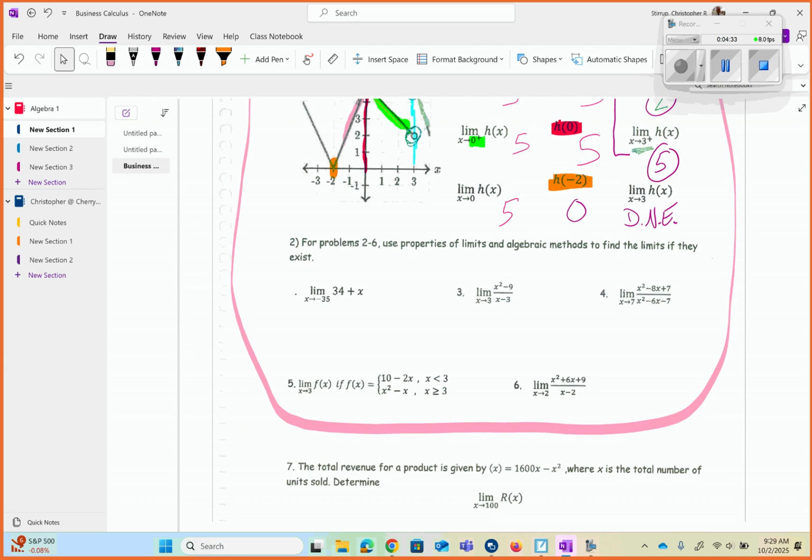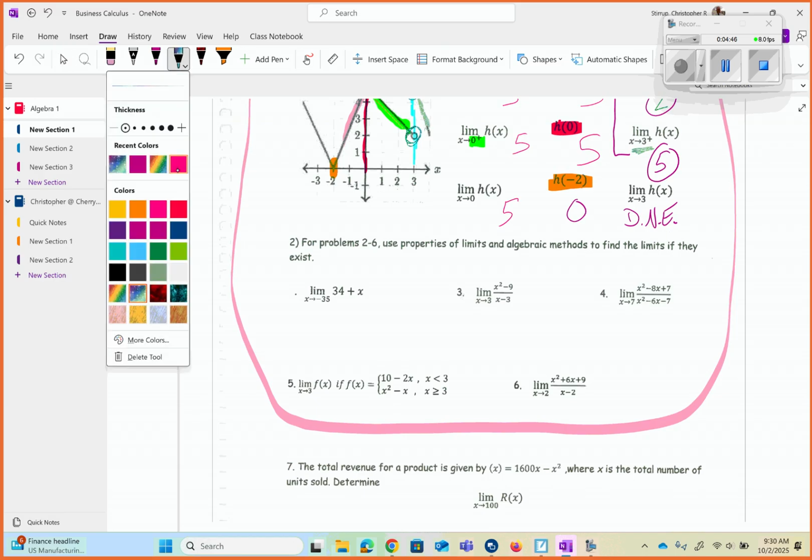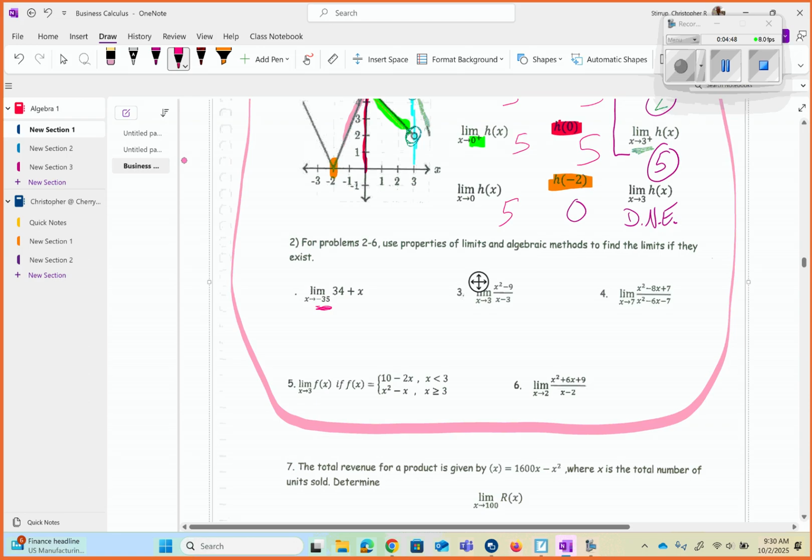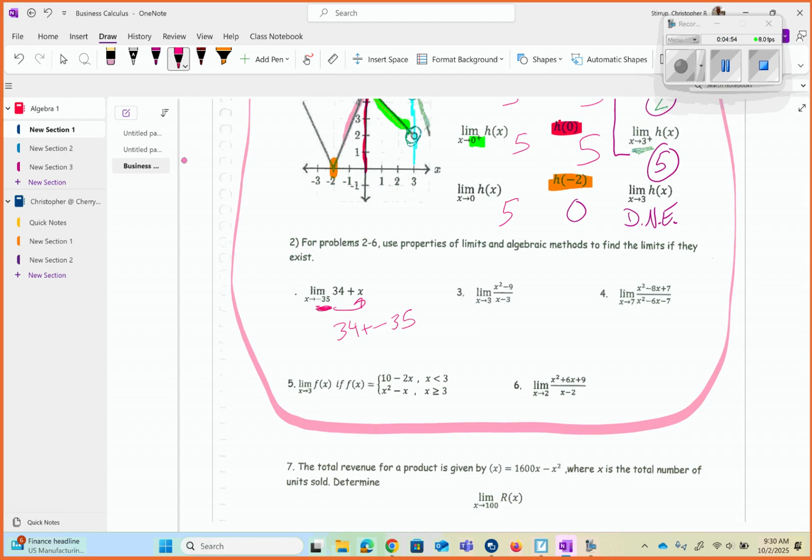If I had y equals x plus 34, easy to graph. Agree? I don't have any square roots. I don't have any x's in a denominator. So the nice thing is, if this type of thing does take place, this means I could directly plug this in right here. So that's going to be 34 plus negative 35. So that's negative 1.